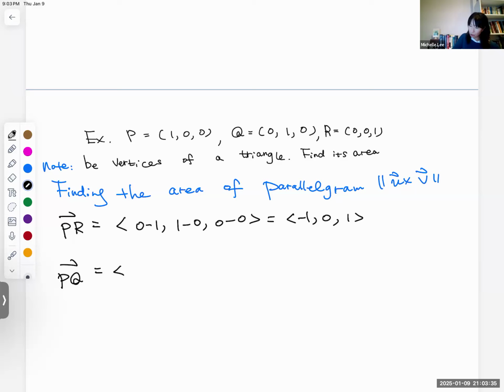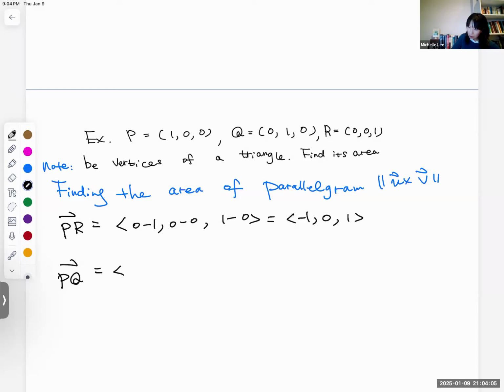And this will be Q. Oh, I was using Q earlier, sorry about that. I don't want to get confused. So R: 0 minus 1, 0 minus 0, 1 minus 0, negative 1, 0, 1.